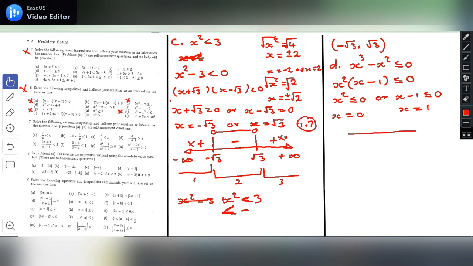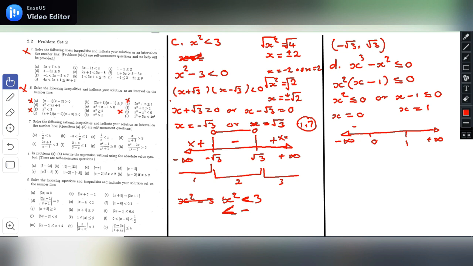Now let's write it down in the interval. We have negative infinity, positive infinity, we have 0, and we have 1. Then we need to find the sign. We already know how we find the sign. We take any value which is less than 0. You can take negative 1 and plug it in the original equation.